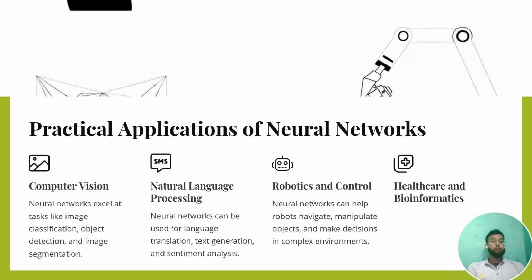Fourthly, it is widely used in healthcare and bioinformatics also. Means it is a rigid part of healthcare and bioinformatics. Neural networks are very widely used in healthcare and bioinformatics. Like neural networks are used for disease diagnostics, discovery, and analysis of the body of the person.